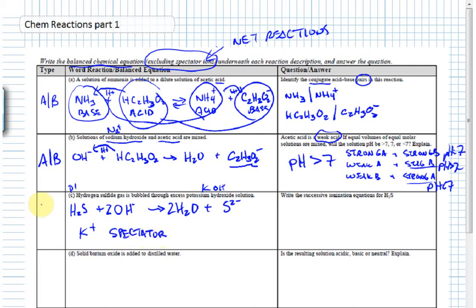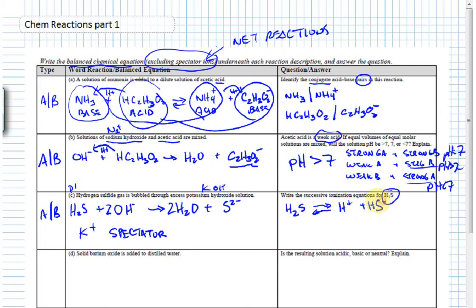This is another example of acid-base, probably our most common type of reaction you're likely to see on the AP Chem exam. Successive ionizations. H2S is what's called a diprotic acid. It has 2 acidic hydrogens. So anytime we have a multiprotic acid, we think of the ionization as happening in a stepwise fashion. Now, the reality is everything happens sort of simultaneously, but H2S first goes to H plus and HS minus.